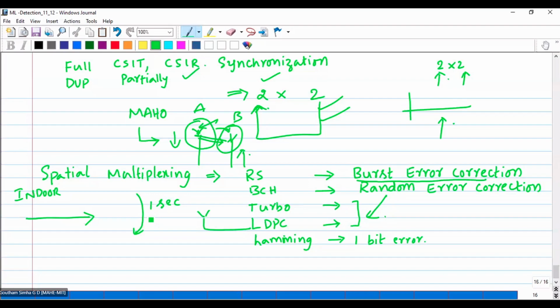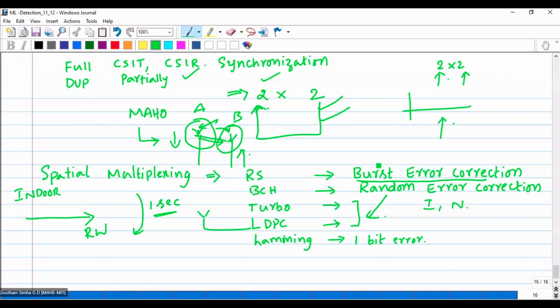It means I have an iron rod or something like that which comes in between the radio wave after every 1 second. That is the burst error. Random error, you don't know why it comes into the picture. Burst errors can be random with unequal amounts of delay, but random errors are completely random. You never expect what is going to happen next. That is because of noise, because of interference.